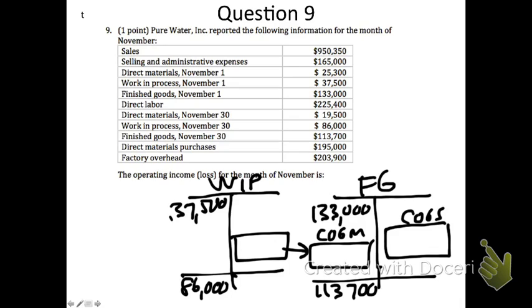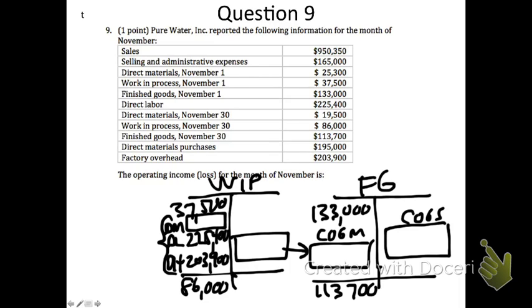But we don't know what's been added, so we need to know direct materials, direct labor, and overhead. Well, we know direct labor, that's 225,400, getting a little bit, didn't give myself very much room. Factory overhead, 203,900.